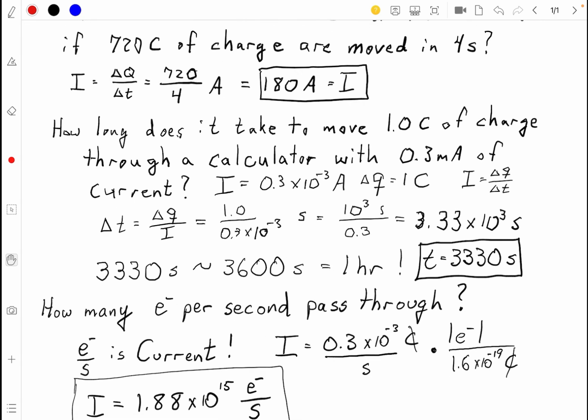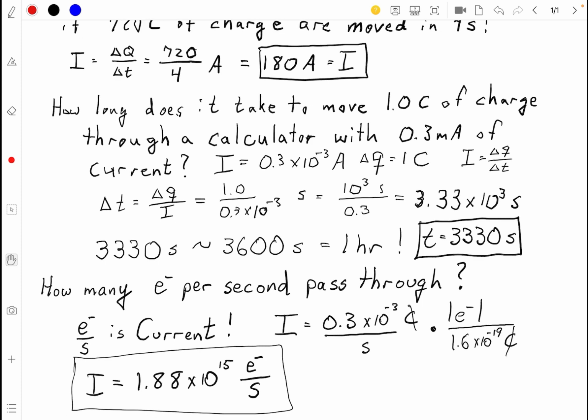How long does it take to move one coulomb of charge through a calculator that has a current of 0.3 milliamps? All right. Well, we just redo the equation.